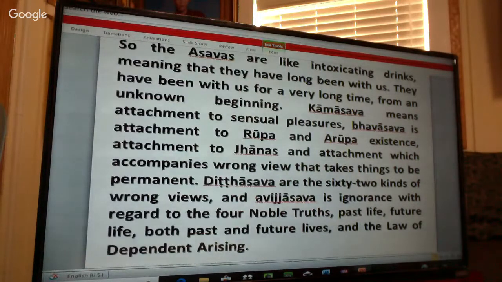Kamasava and Bhavasava are manifested as lobha, attachment, and Ditthasava is wrong view, ditthi. And avijjasava is moha.